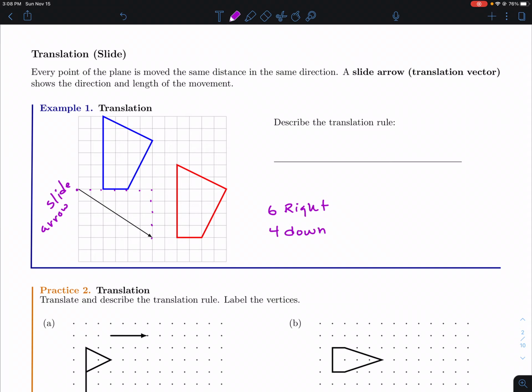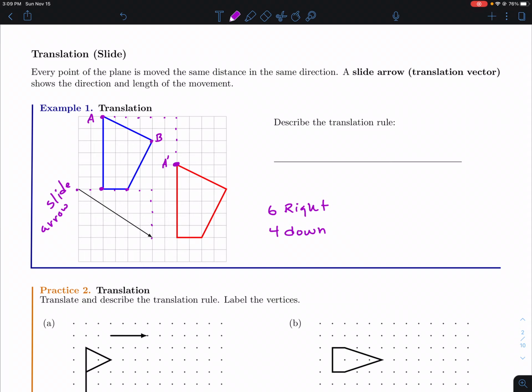If this red dot wasn't here, I would take these corner points of my 5-sided figure and move them that number of points. So let's say this is A. I'd go 1, 2, 3, 4, 5, 6, then 1, 2, 3, 4. And lo and behold, there's my A prime.